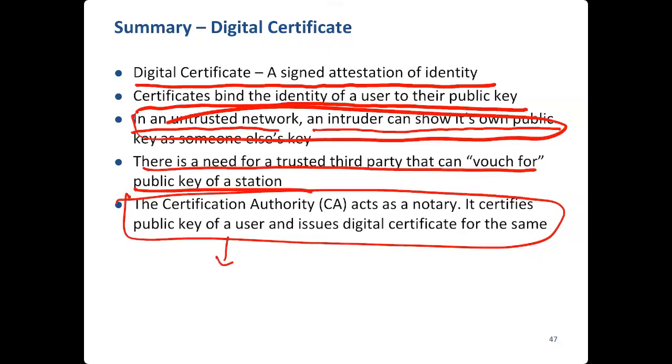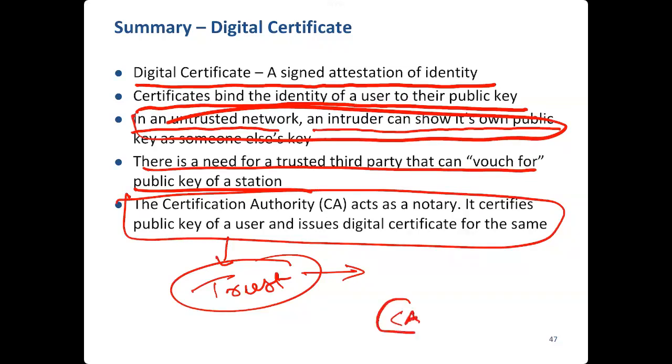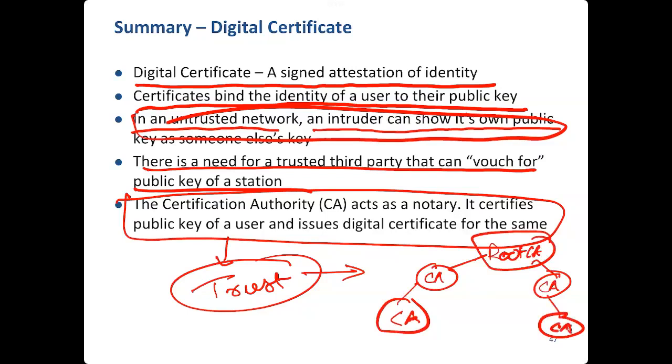CAs provide trust. CAs are the most trustworthy because everyone trusts them. In the next class we'll see that these CAs are interconnected and there is something called the root CA, like the most important person in the CA organization. It's a kind of tree, and trust comes from the root CA to the first level CA, second level CA, and so on.